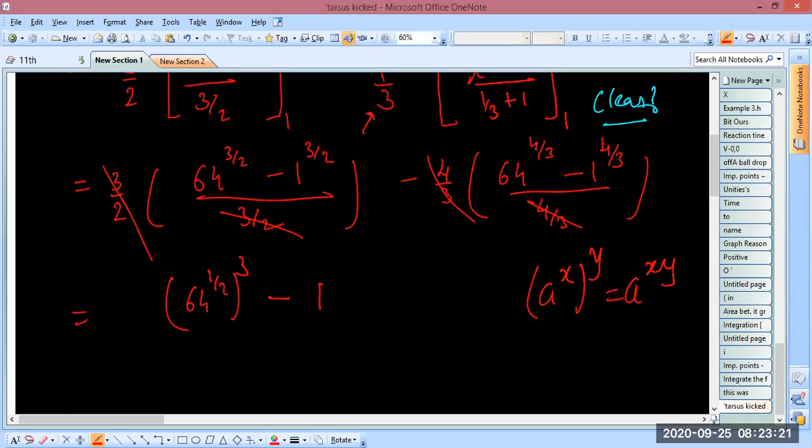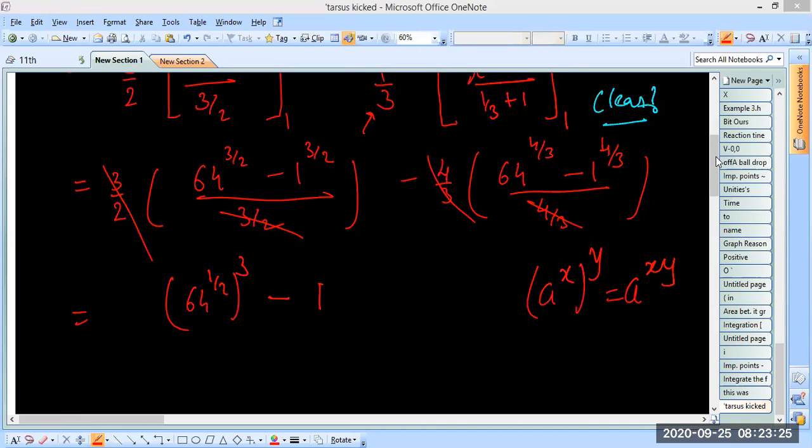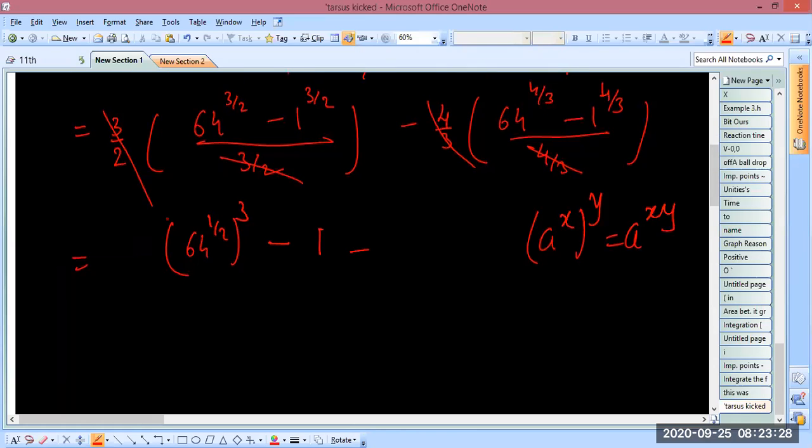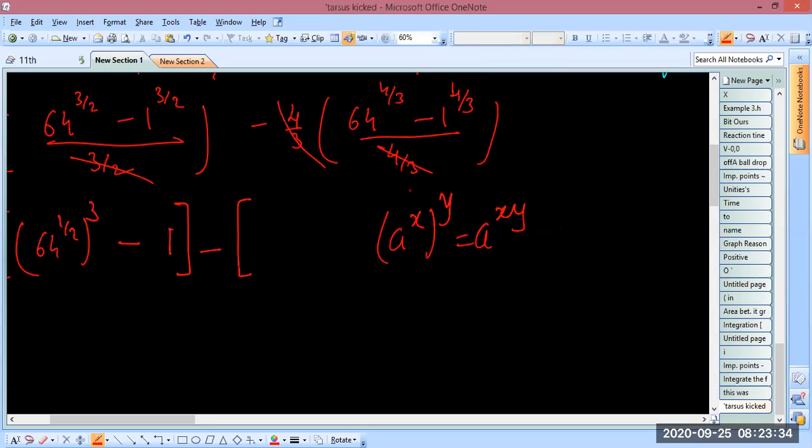Okay, no need to worry about that, right? Minus, here again 64 raised to 4 by 3. We are going to use a similar property like this.